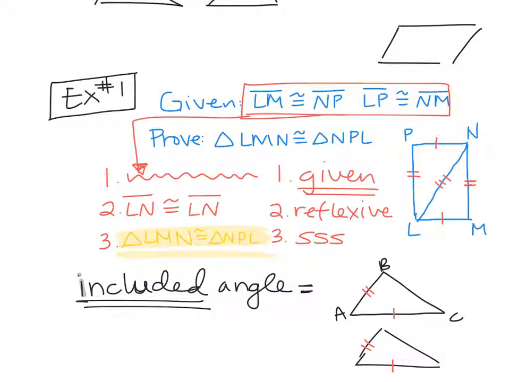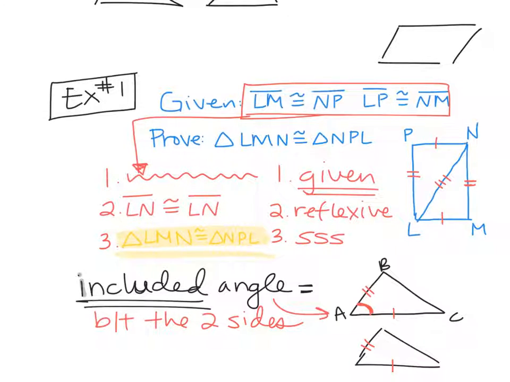So in this picture, this would be the included angle, right? It came between the two sides. Okay, B is not included, C is not included, A is the included angle. Does that make sense? The angle is formed by the two sides we're talking about. Okay?